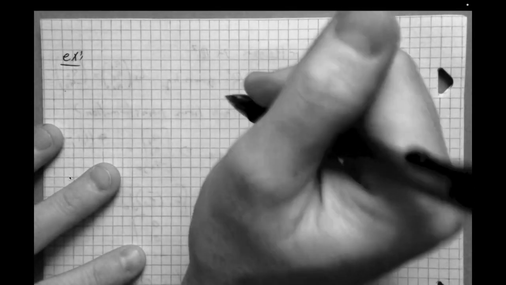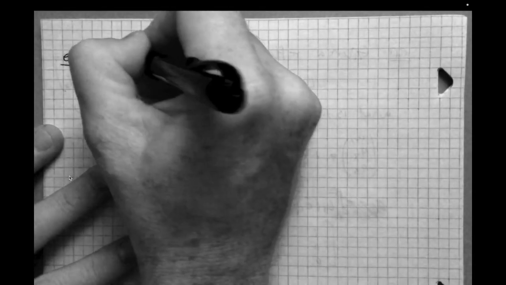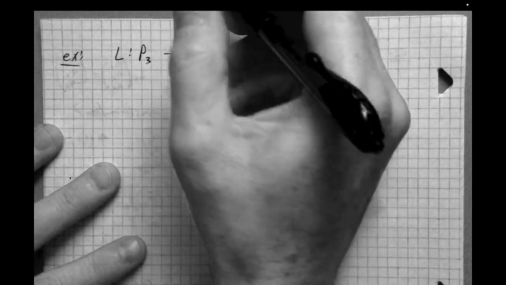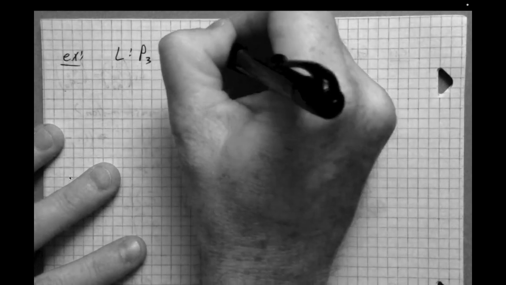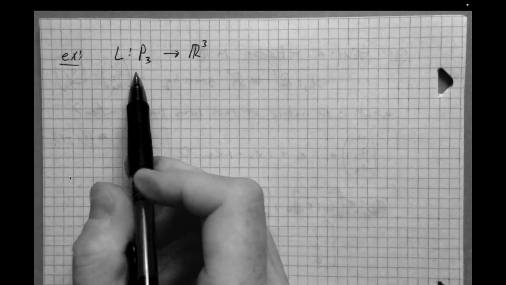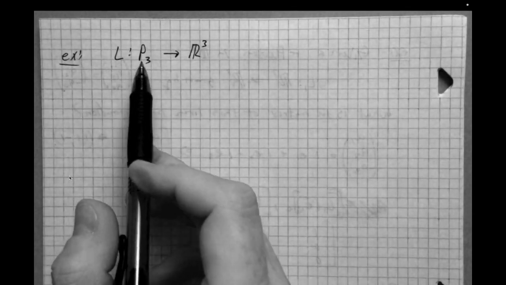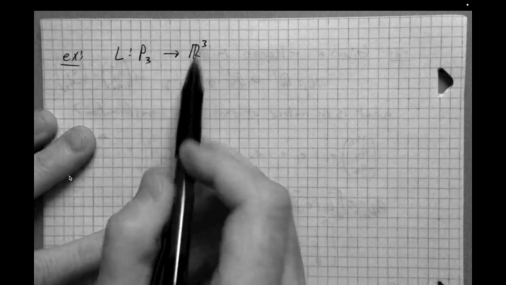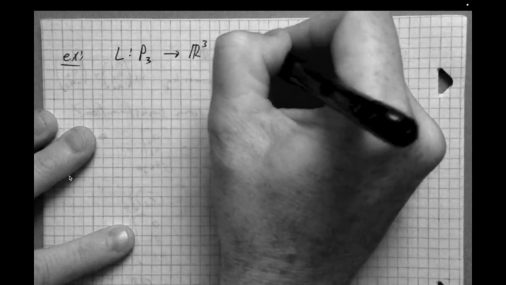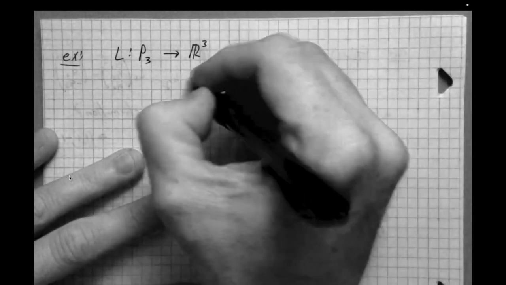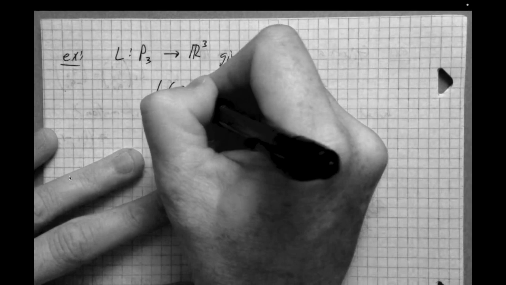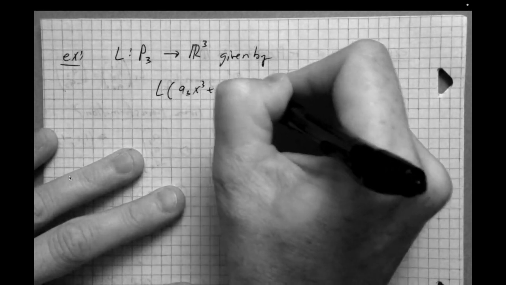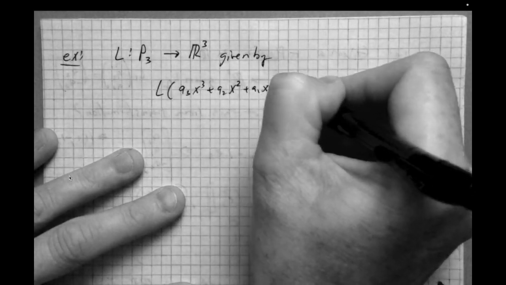Let's find the matrix for the linear transformation L from P3 to R3. P3 being the vector space of polynomials of degree 3 or less. So this is going to be a linear transformation from P3 to R3, and we're going to say it's given by, and I'll write it down here, L of a3 x cubed plus a2 x squared plus a1 x plus a0.